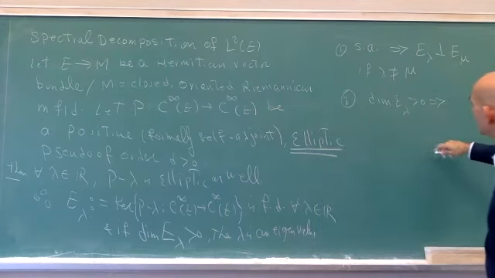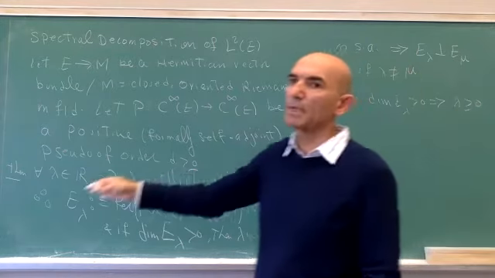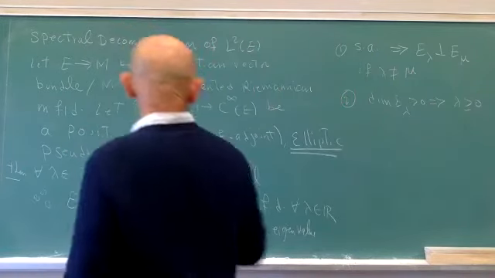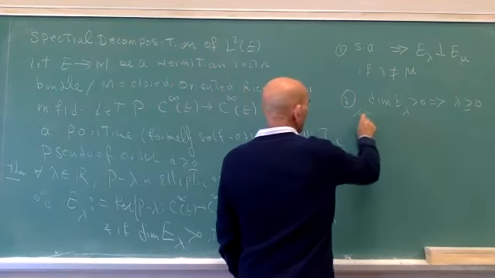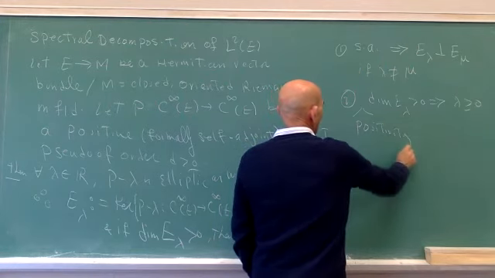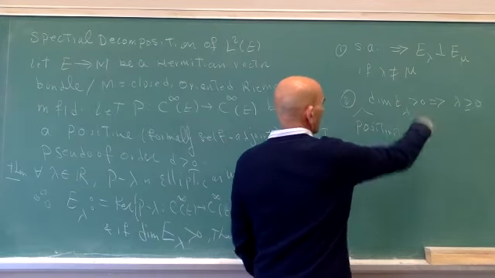This implies that lambda is bigger than or equal to 0. Below zero, there can't be any kernel. This also follows from positivity.